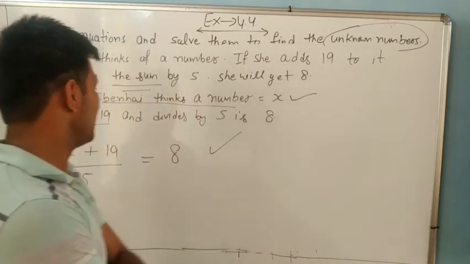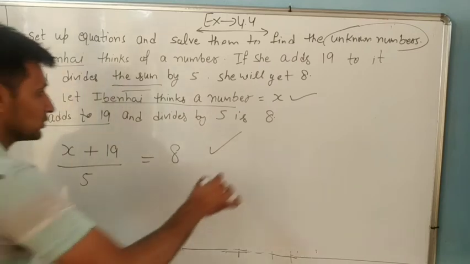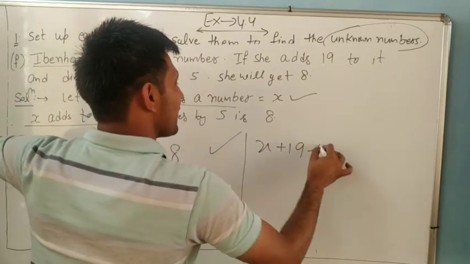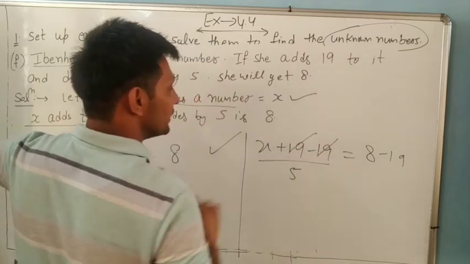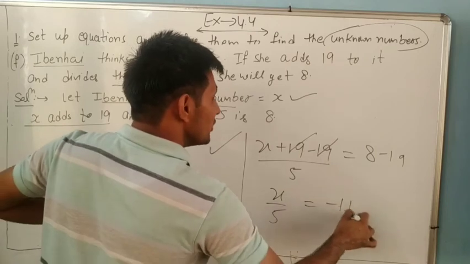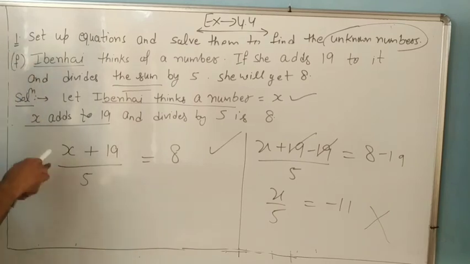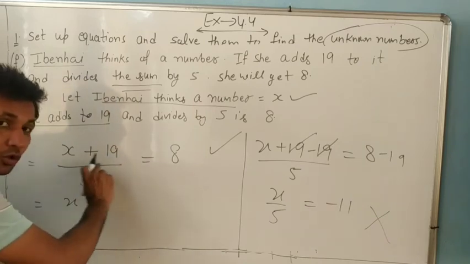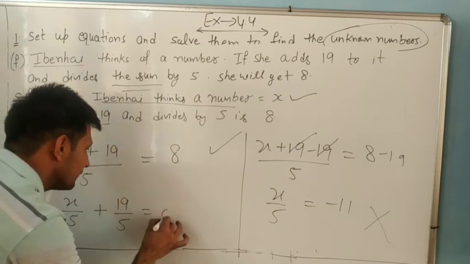Some students will wonder what it means. You cannot treat it as x divided by 5 with 19 left alone and simply subtract 19 from both sides, because here 19 is also divided by 5, and x is also divided by 5. Whenever we use the long fraction sign, it means x is divided by 5 and 19 is divided by 5.